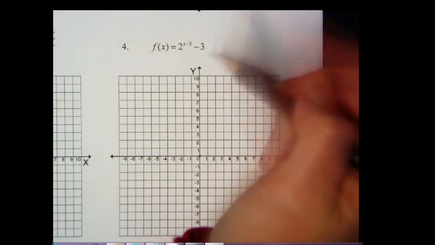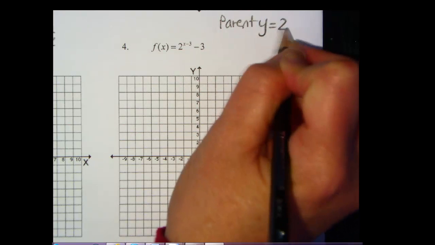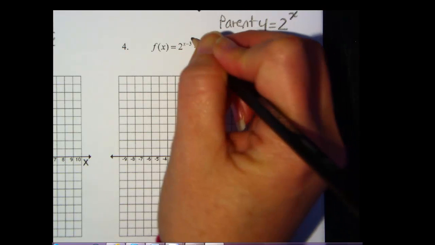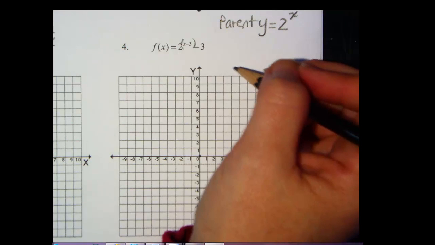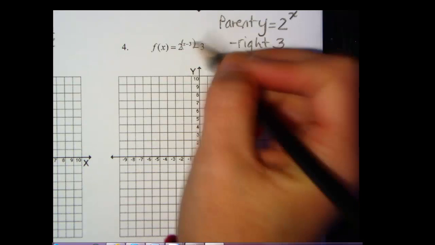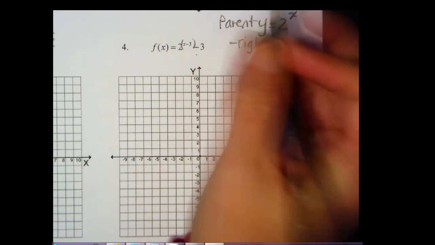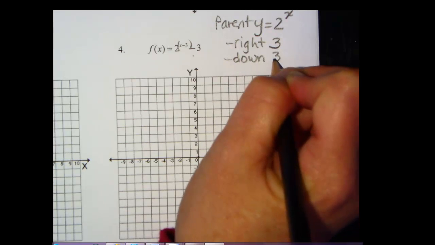We're back to our parent, 2 to the x. And again, this entire exponent's in parentheses, so we always do parentheses first with PEMDAS. X minus 3 in parentheses, we'll take it right 3 units. And this minus 3 at the end means we'll take that last graph down 3 units.